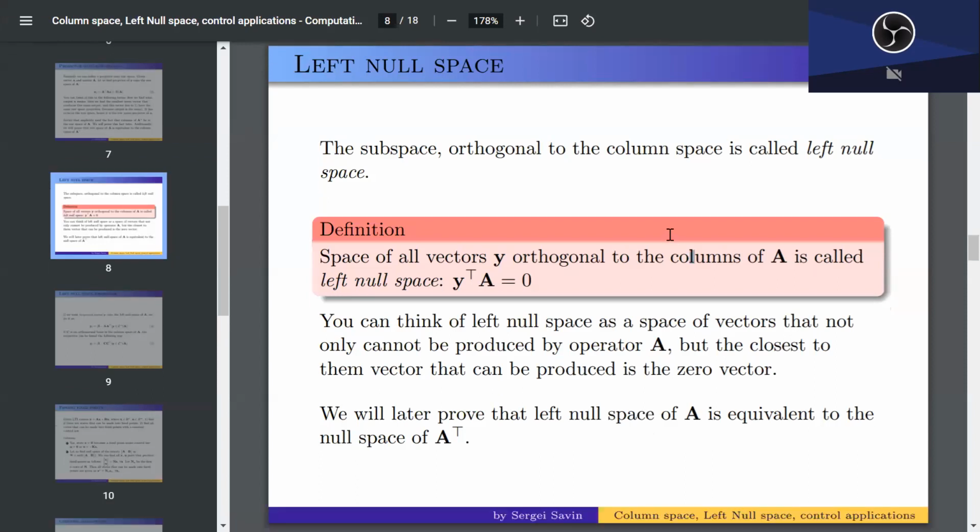All right. So last time you remember we finished with discussing fundamental subspaces, but we went very, very quickly over the last one, a left null space.